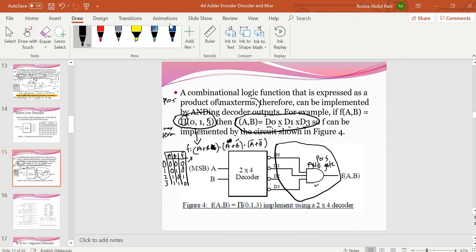This is the Boolean function for this example.